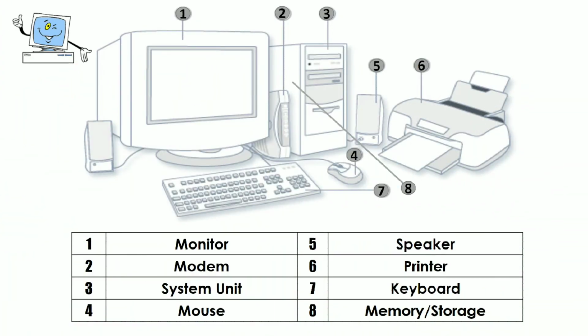This illustration shows the most common hardware in a desktop computer system, namely the monitor, modem, system unit, mouse, speaker, printer, keyboard, and lastly, memory or storage. Your system may look a little different, but it probably has most of these parts. Now, let's explain these parts one by one.